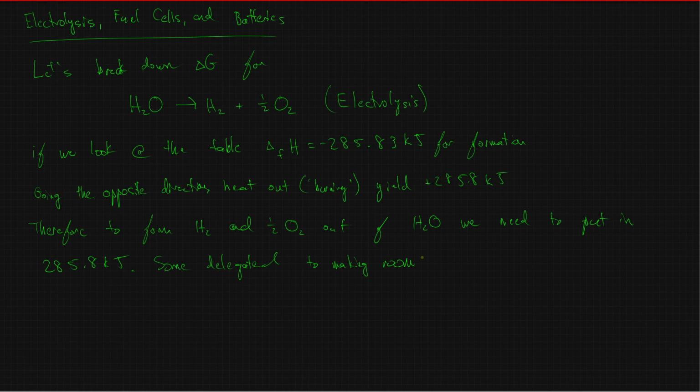If we look up in the back, we can find out what delta V is for this. We find that P delta V is equal to 4 kilojoules of energy or work. And then the rest, which should be approximately 282 kilojoules, will need to go into the system.